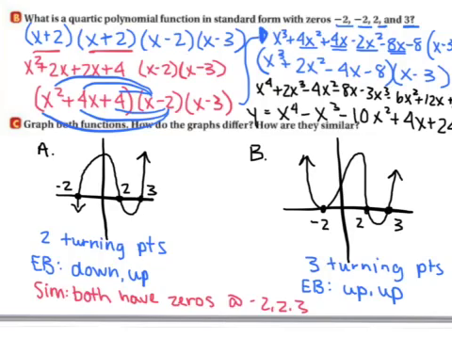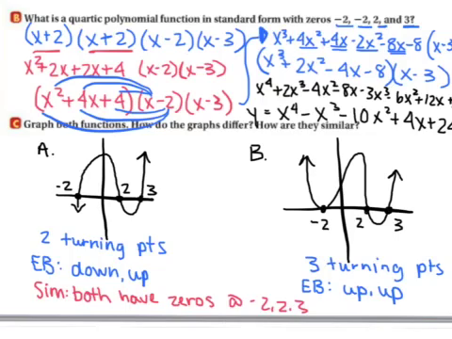It touches at this repeated zero. Whereas here, it's crossing at the zero. That's something we're going to get to in the next problem. So that is why, even though these have the exact same zeros, they're different graphs, because the zero of negative 2 is repeated twice in polynomial B.